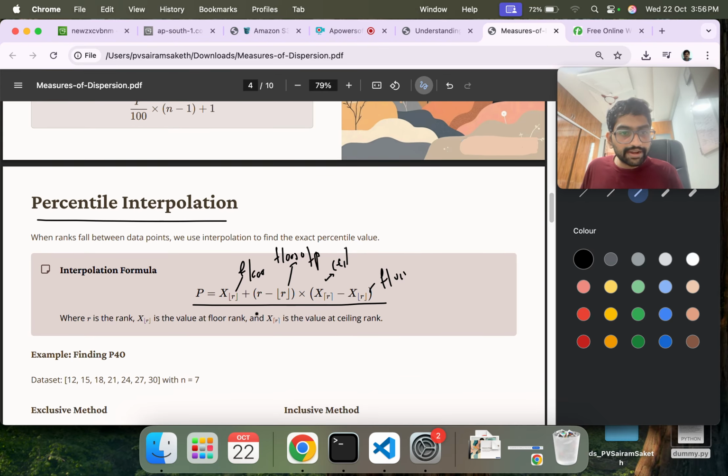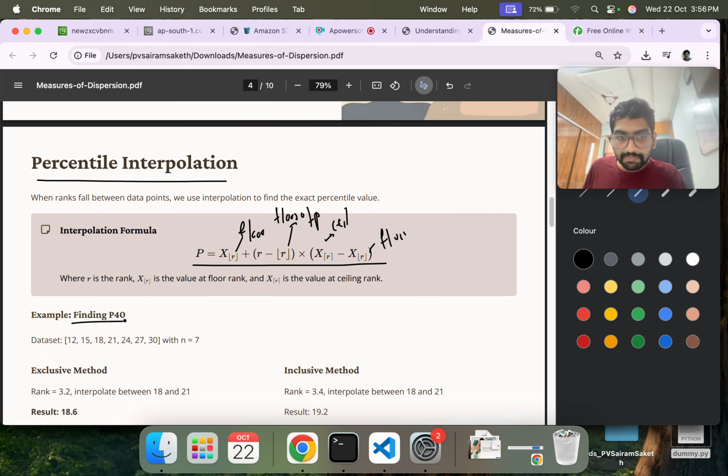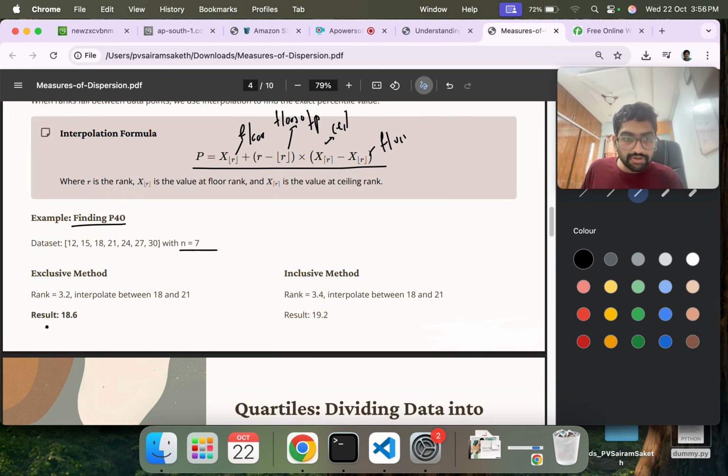So now, let's say we want to calculate p40 from this example with n equal to 7. By using the exclusive approach, if you calculate, 7 minus 1 means 6, and 6 into 40 by 100 means 2.4. Sorry, in the exclusive approach, if you try to solve it, you will get 40 by 100 into 8, n plus 1 means 8, so you got 3.2.